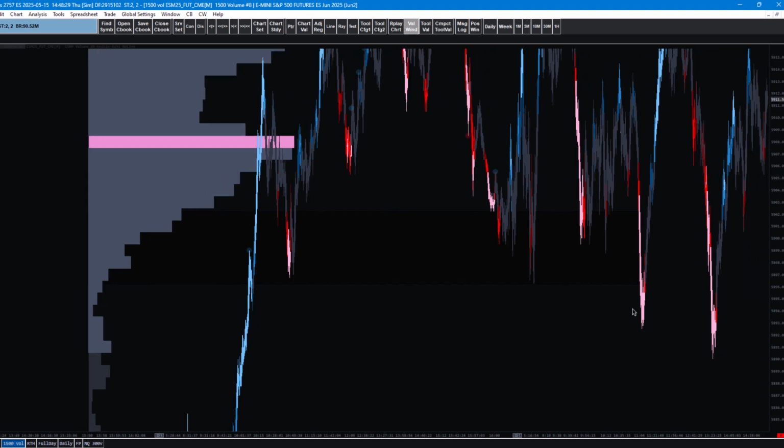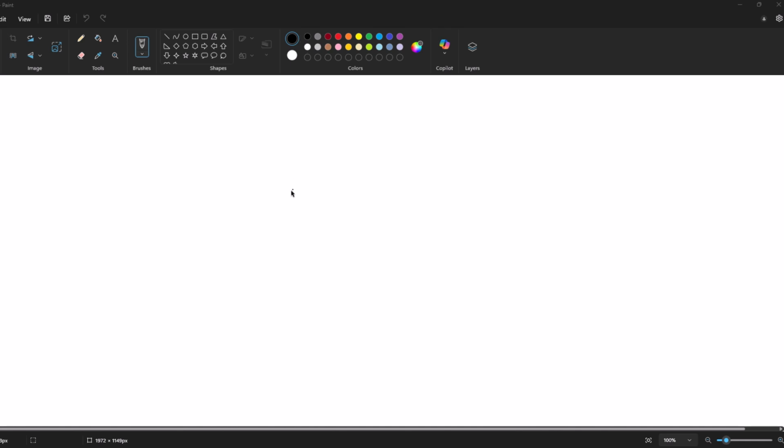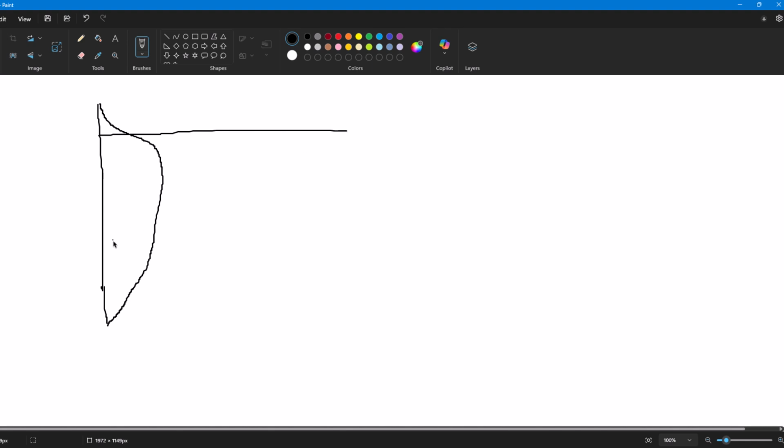So now we want to see if we, right, let me get out, where's my tool? Hold on. All right, so in the example we're on right now, we have our little bell curve, top, bottom. 9:30 opens, we reach the top, we reject, come straight down to this bottom, right?